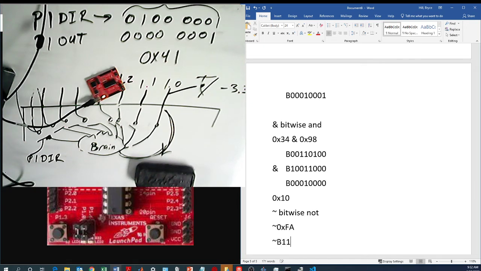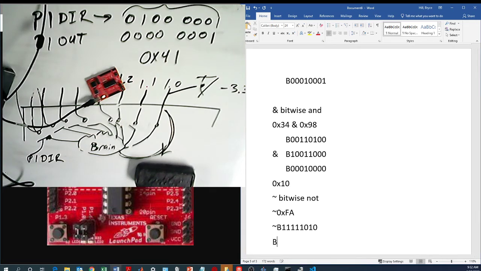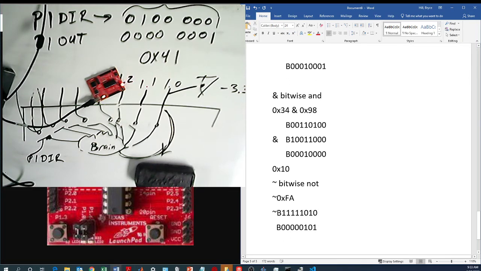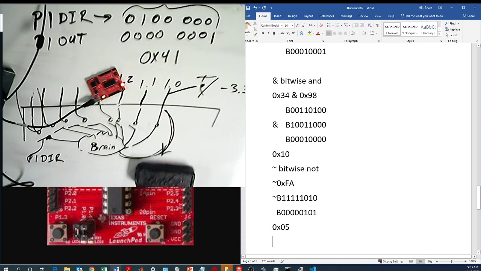This is going to be 1111 1010, F is 1111 and A is 1010, and that should result in a binary value of 00000101, or in hex 0x05. Don't worry that I have all these memorized. I've taught this class a lot of times, but I have all the hex to binaries pretty well memorized at this point. That should give you a good idea of that one.